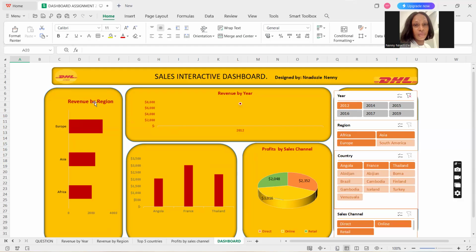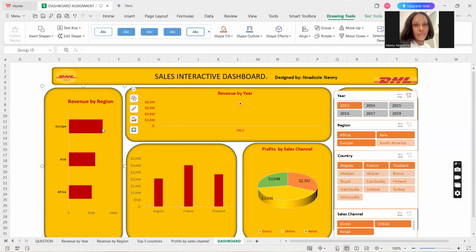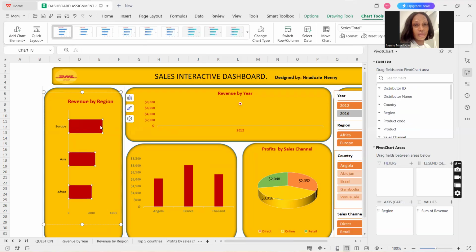And let's go to what happened in revenue by region in the same 2012. Europe made the highest revenue, followed by Asia, then Africa. Europe made a total revenue of 216. Asia made a total revenue of $2,352.